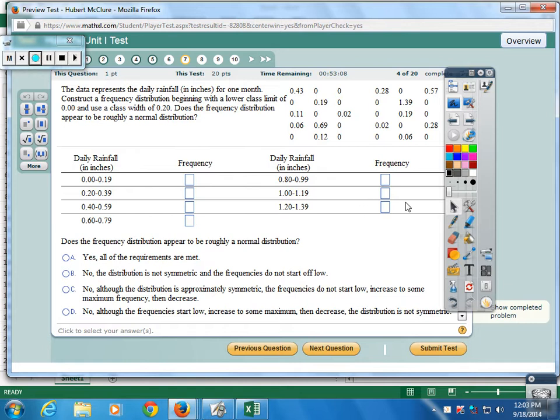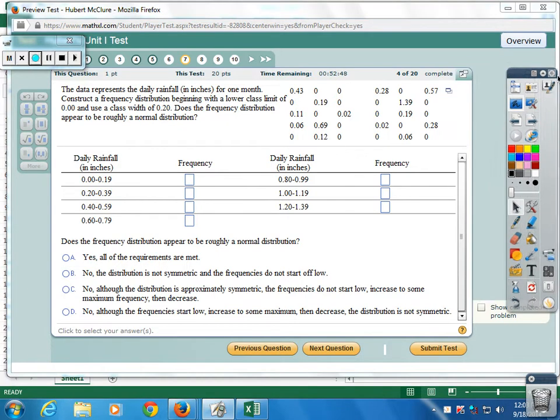Now, do not make this complicated. This is an easy problem. But when people see it, they skip it. Why do they skip it? Because it looks like it's going to take 15 minutes to do it.